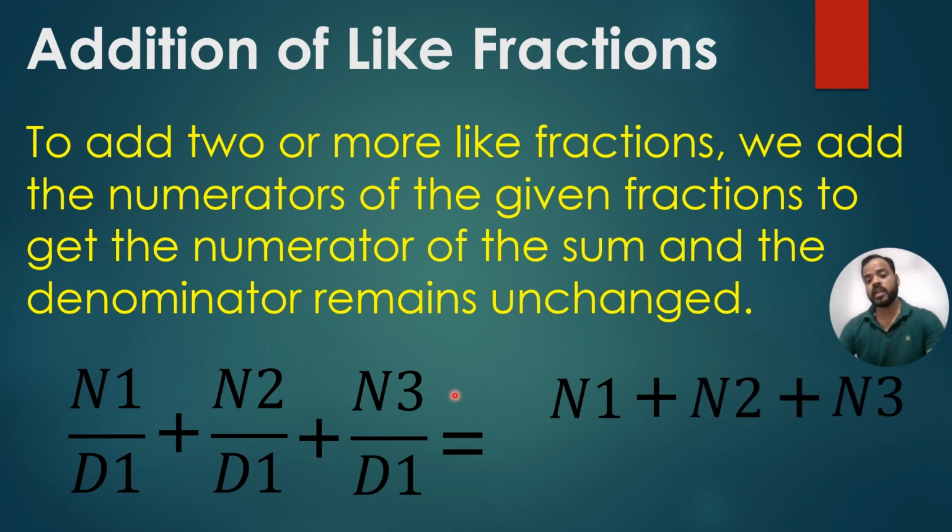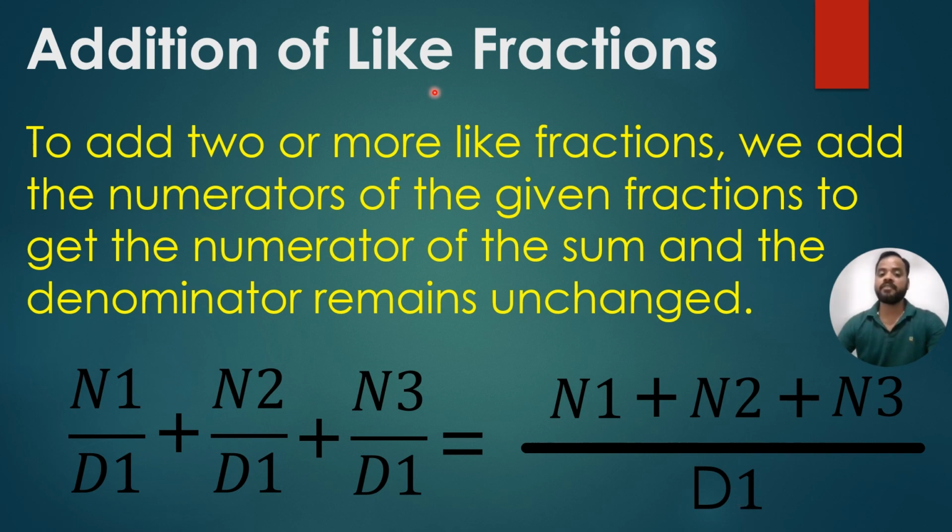The denominator remains the same because the denominator for all like fractions is the same. So the new fraction will be the sum of the numerators divided by the denominator.